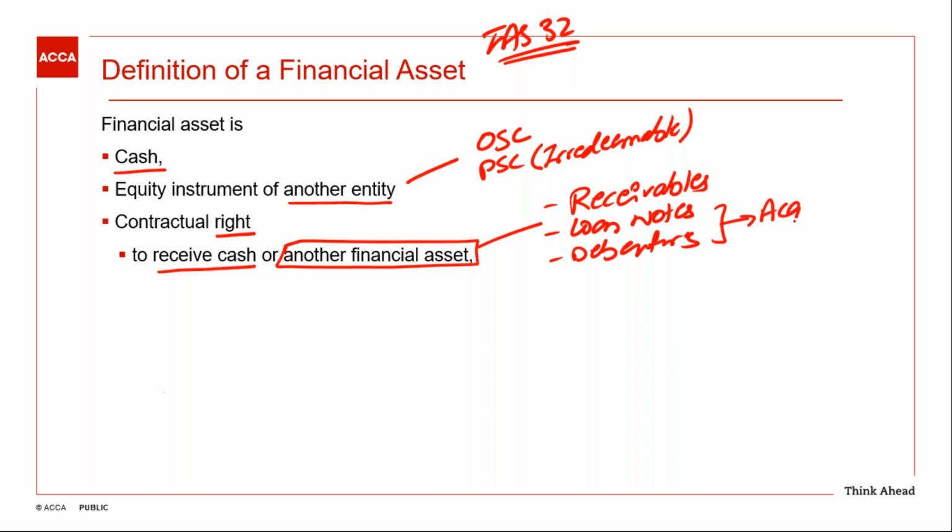The acquirer is the one who gives the loan and the issuer is the one who receives the loan. So if I have purchased the loan notes of someone else, I have given them the loan and it's my right to receive my cash back. So any contract in which we have a right to receive cash is called a financial asset.